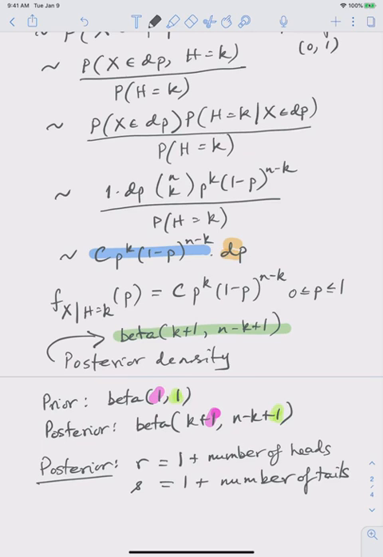And that's a very easy way to update your opinion about the P of a coin. You start out with a uniform prior and you just keep adding the numbers of heads and the numbers of tails you see to your beta.